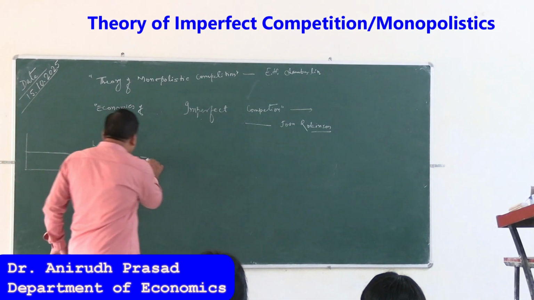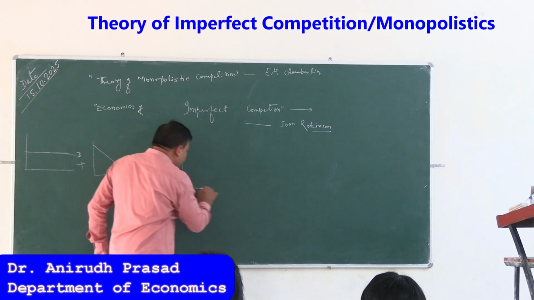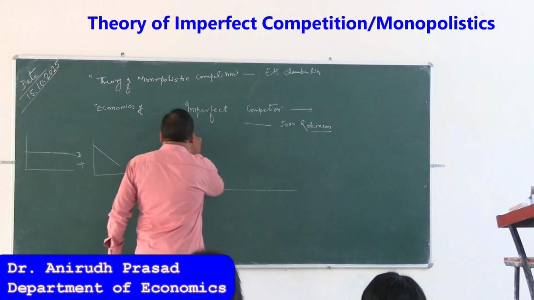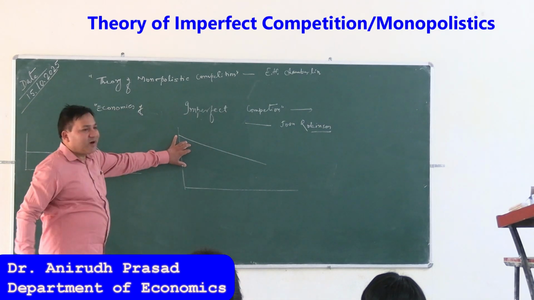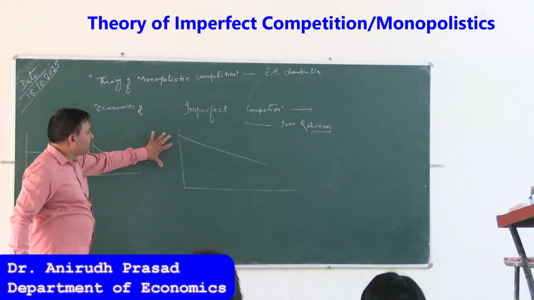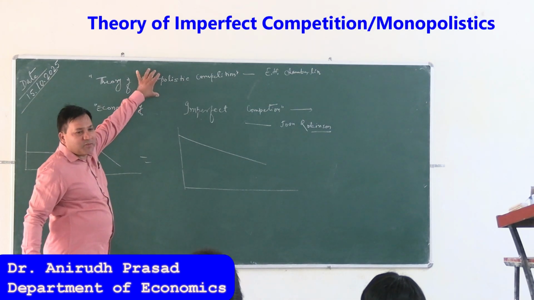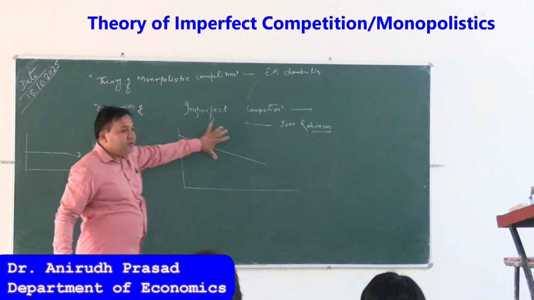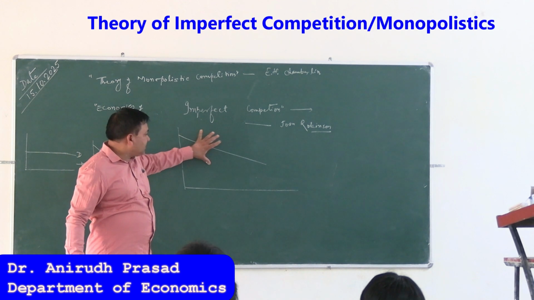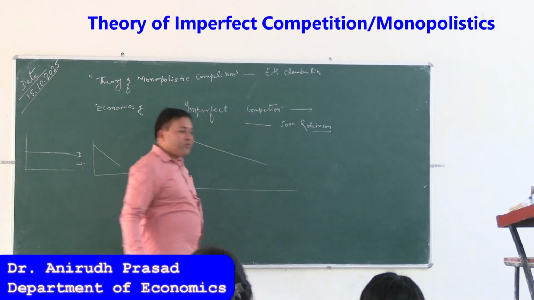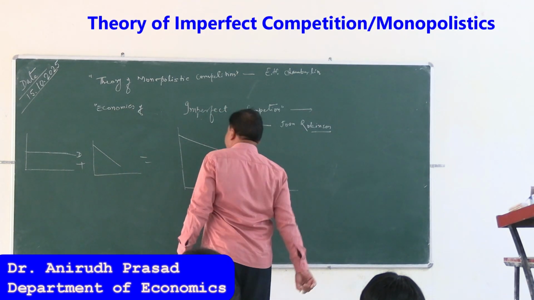Therefore, the demand curve of monopolistic competition will be like that. It will be downward sloping, but the demand curve under imperfect competition or monopolistic competition will be more elastic.